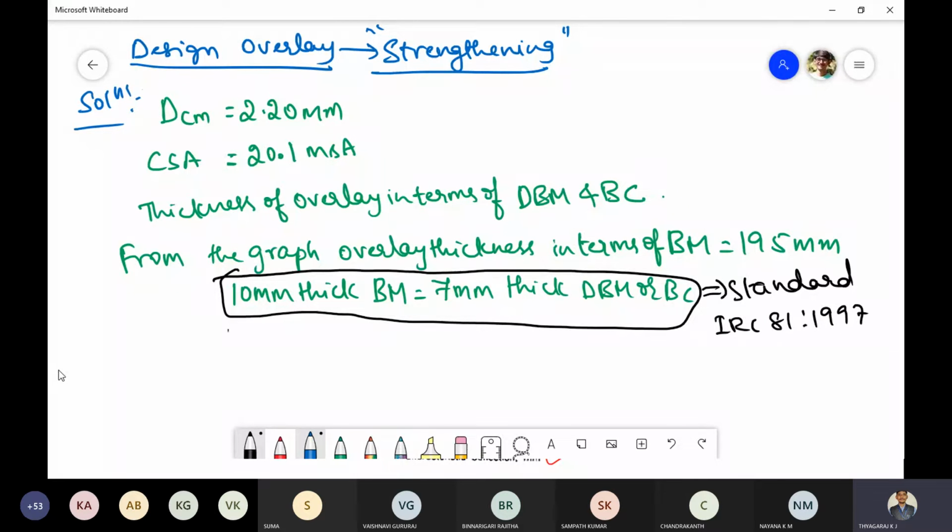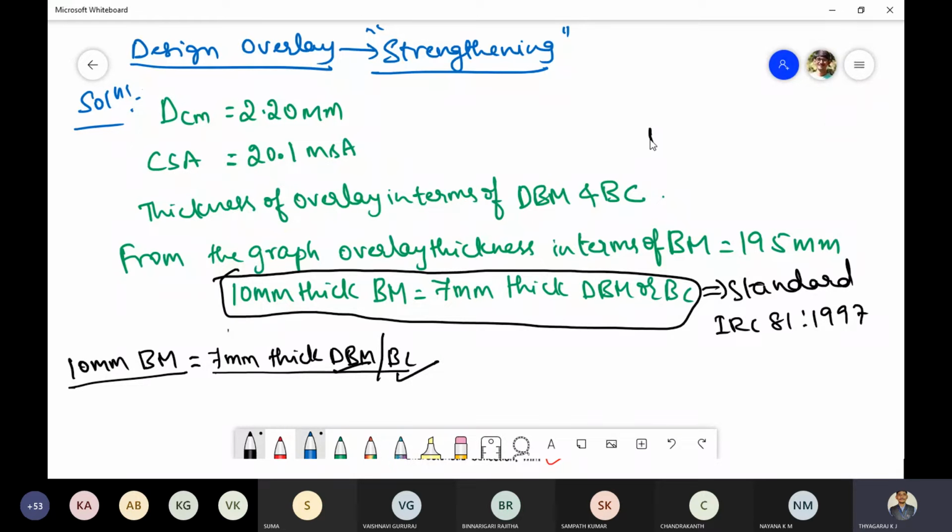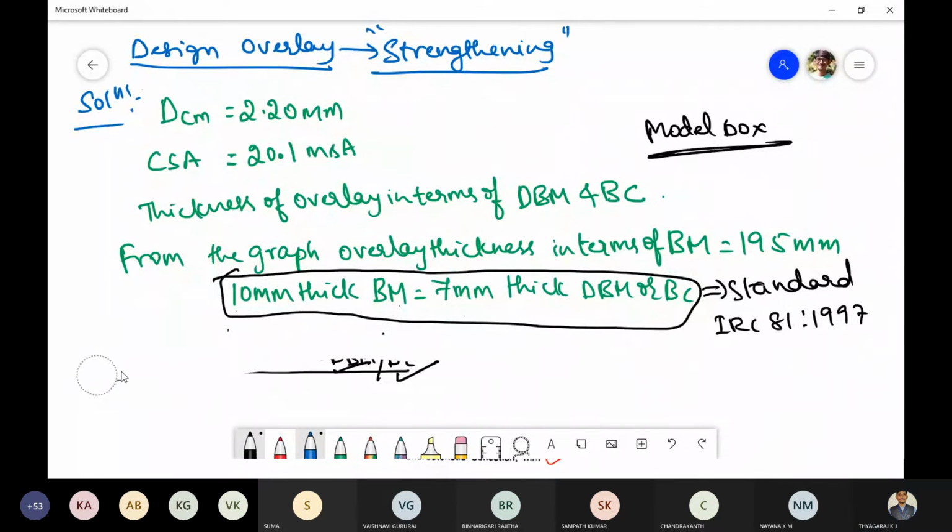That is, a 10 mm thick bituminous macadam is approximately equal to 7 mm thick DBM or BC. This is the standard after carrying out some model box studies. They have arrived at this equation, that a 10 mm thick bituminous macadam is equal to 7 mm thick DBM or BC. Is it clear?